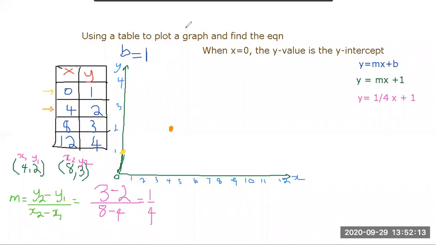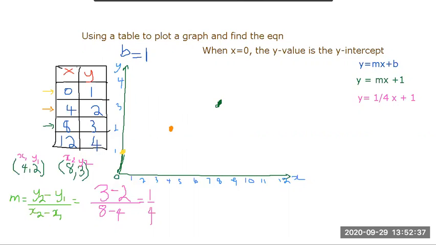Okay, so our next point says 8, 3. Let's make that green. So x is 8 and y is 3. So it's going to be around here. Again, this is not drawn to scale, so we're just estimating where it's at. If we have a line graph, we could follow those lines.